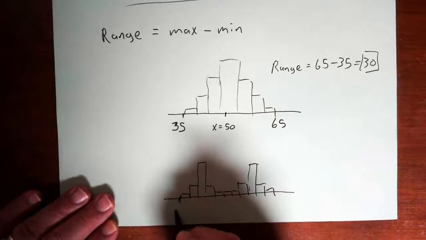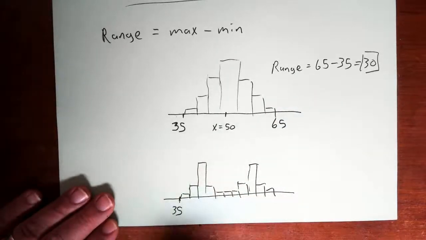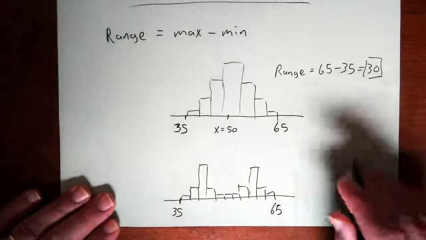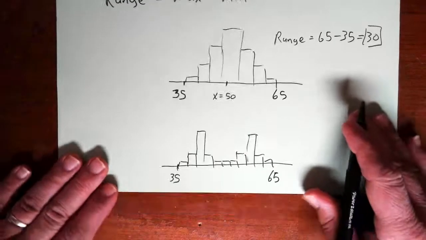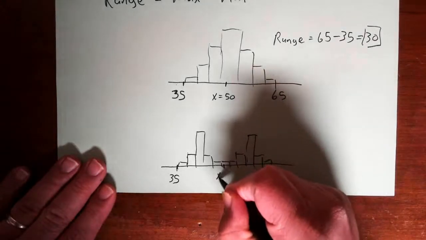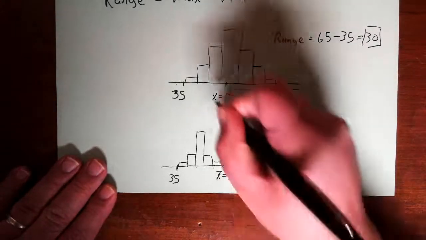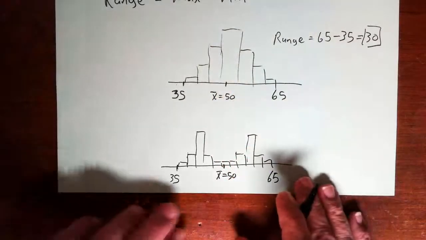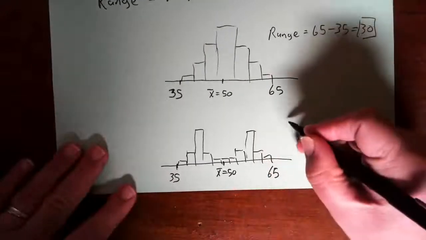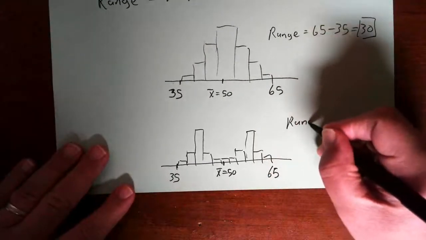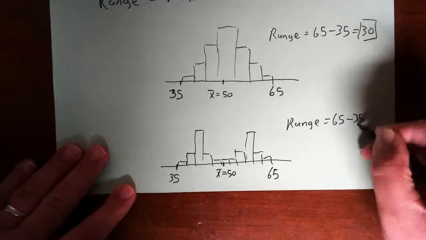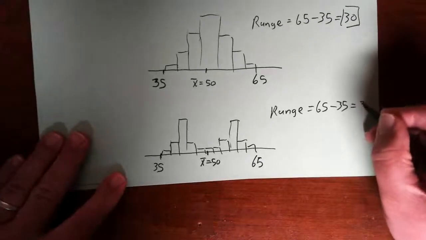Maybe the minimum value, we'll say again, is 35, and the maximum value is 65. Okay, and we'll say that the mean here again is 50. Okay, and so I want to know how spread out is this data set. Well, the range in this case is still going to be 65 minus 35. And that gives me a range of 30.